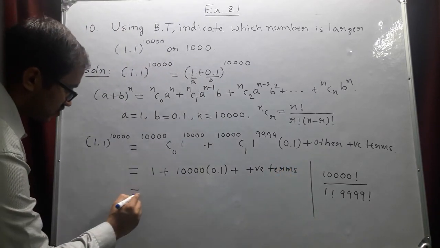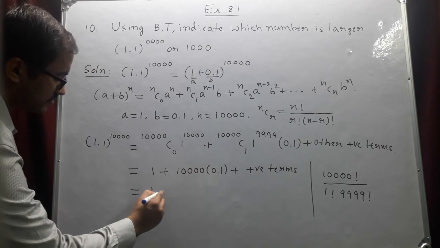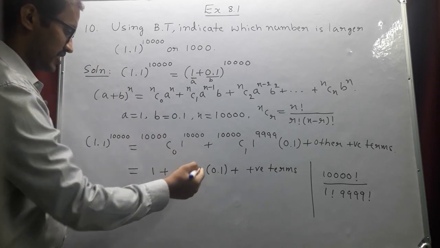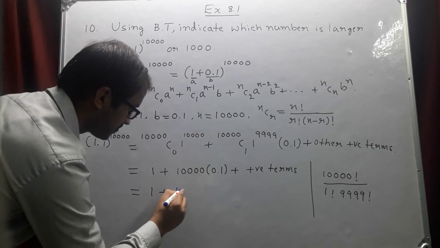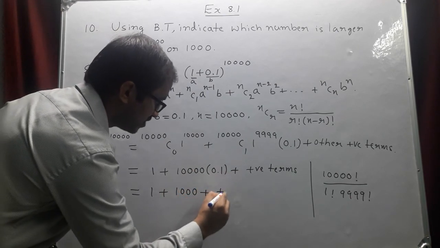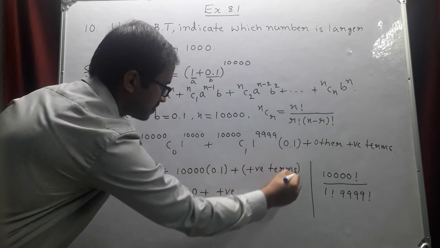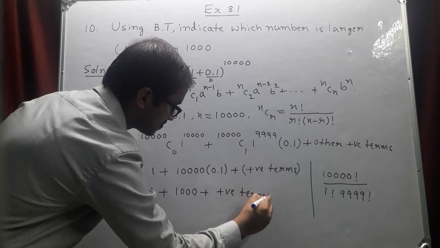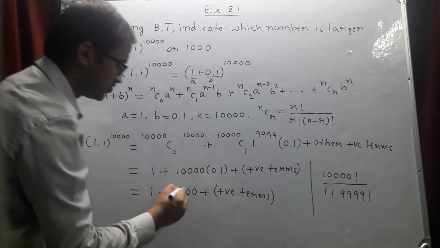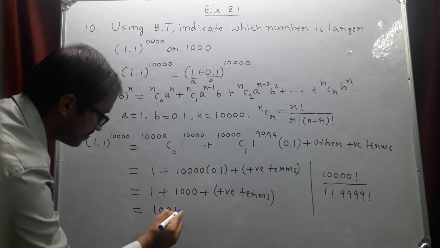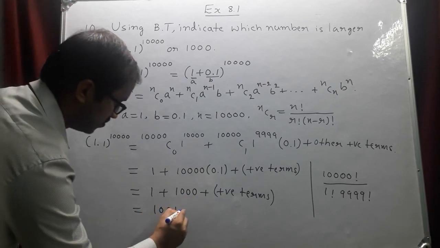So that is equal to 1 plus 10,000 into 0.1. So what will we get? This will be 1000 plus other positive terms. So 1000 plus 1 becomes 1001 plus positive terms.